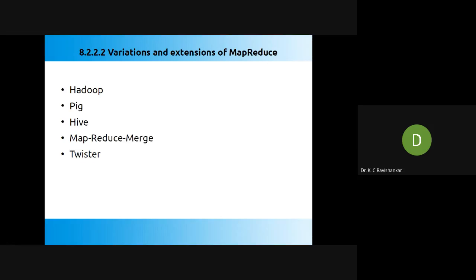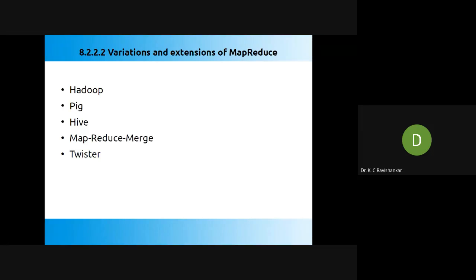Apache Hadoop is a collection of software projects for reliable and scalable distributed computing. Next one is Pig. Pig is a platform allowing the analysis of large data sets. Developed as an Apache project, it consists of a high-level language for expressing data analysis programs, coupled with infrastructure for evaluating these programs. Hive is the next one.